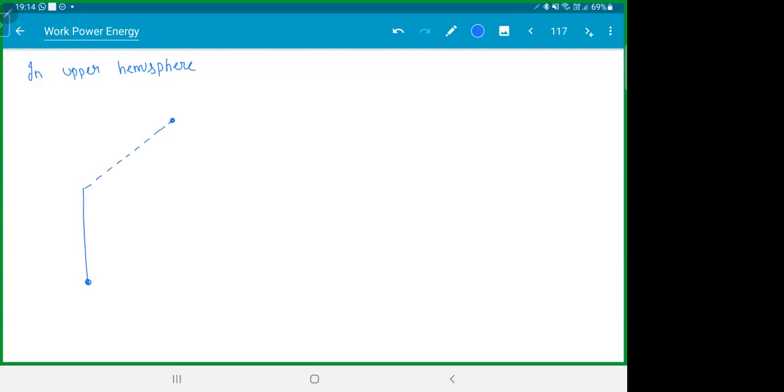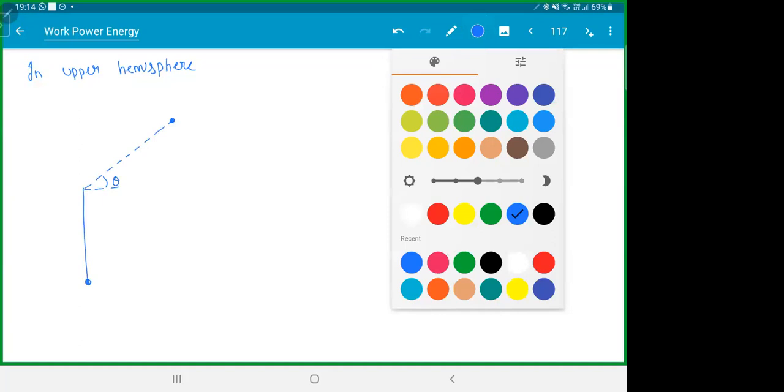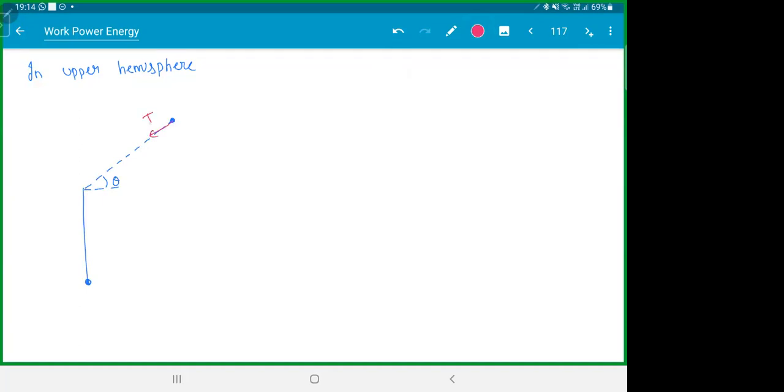Now look at this, this is the main catch in this problem. This is theta. If you draw the forces now, we have tension, we have mg sine theta, and we have the centrifugal force mv square by r. So we have T is equal to mv square by r minus mg sine theta.